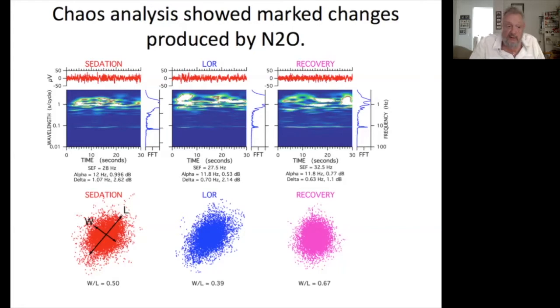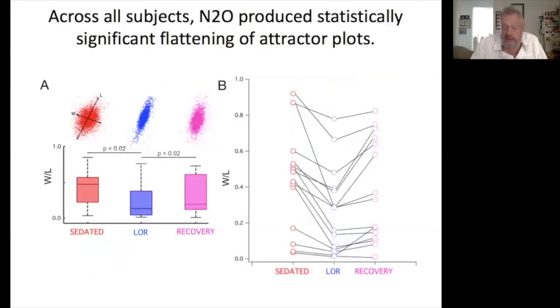And if we look across all 15 subjects, we see statistically significant changes between sedated, loss of response, and recovery conditions. You notice across the population, we don't get quite as big a rebound in recovery as we saw in the previous subject, but clear recovery is seen.